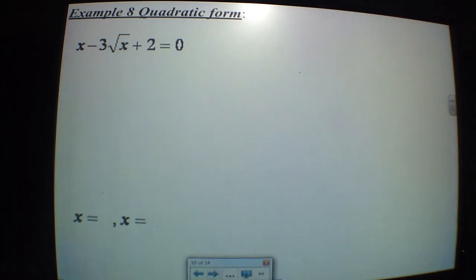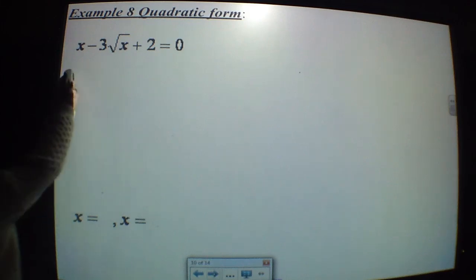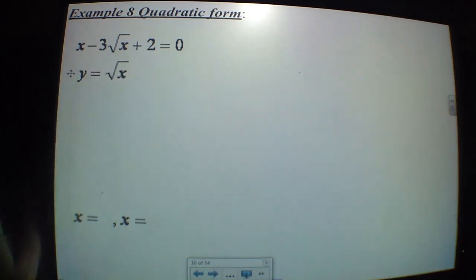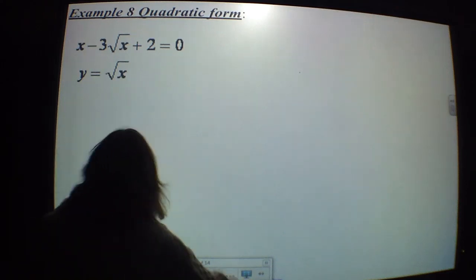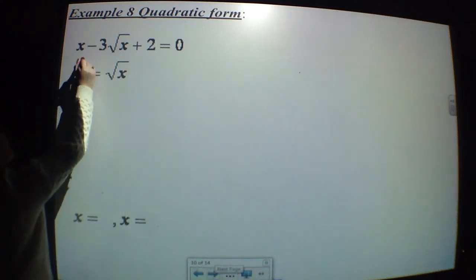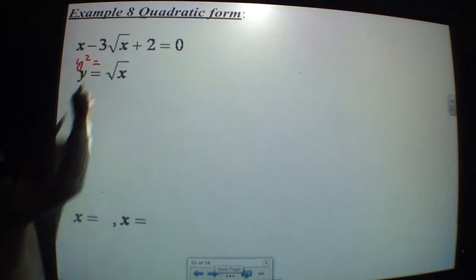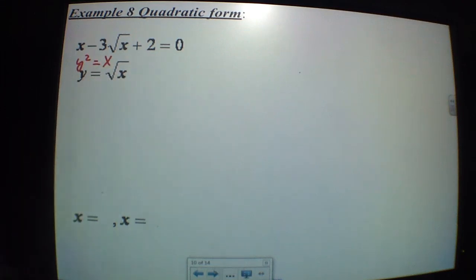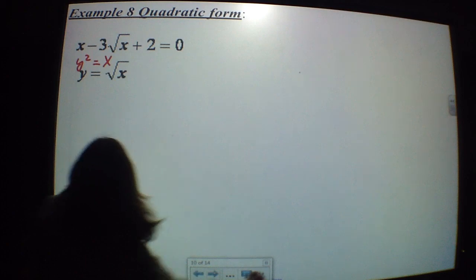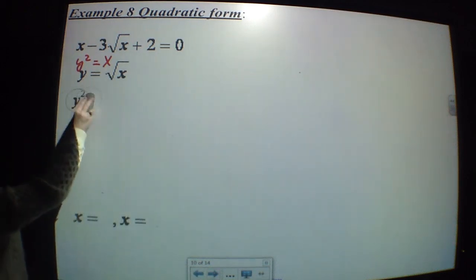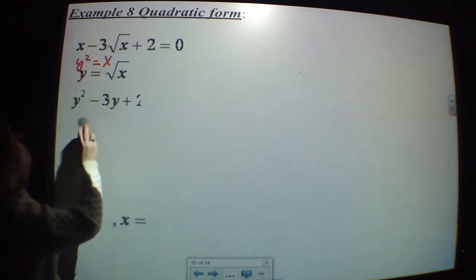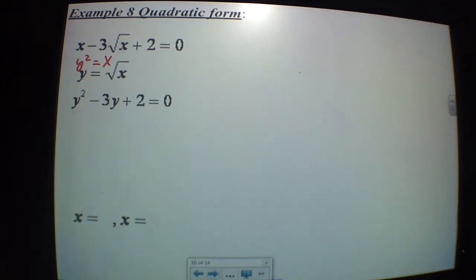This also, you can make this look like a quadratic. I can let y equal the square root of x. So if y is equal to the square root of x, y squared is equal to x. So substitute in y squared minus 3y plus 2 equals 0.